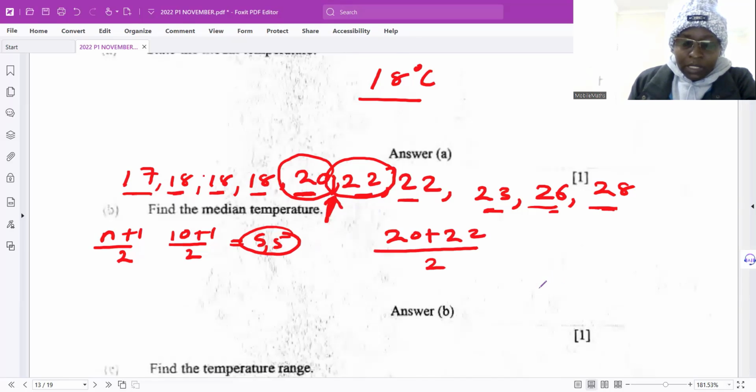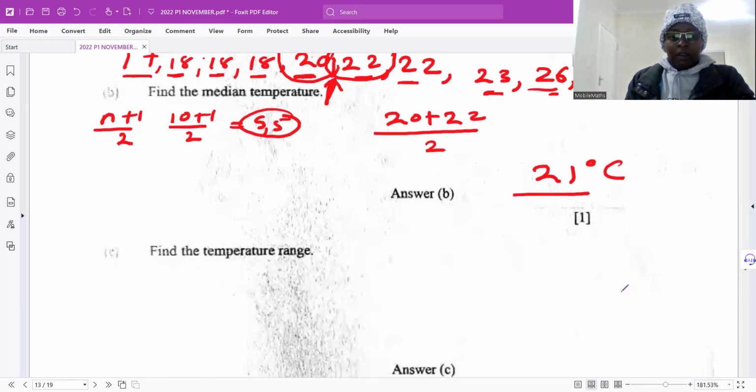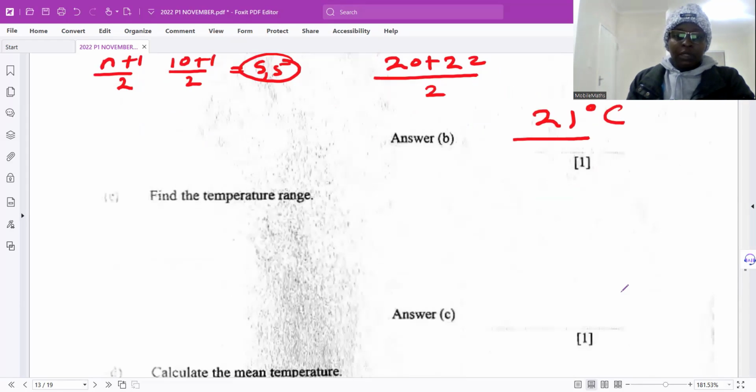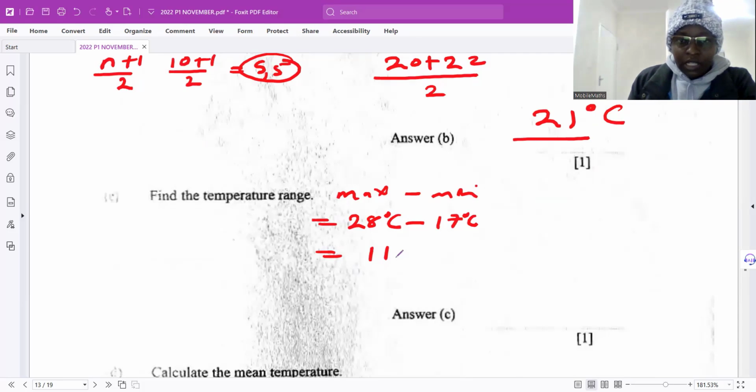So our median temperature is 21 degrees Celsius, okay. Find the temperature range. Temperature range is basically maximum value minus minimum. I think we saw that the maximum was 28, minimum was 17, okay? So we subtract these, and our temperature range is 11 degrees Celsius, okay?